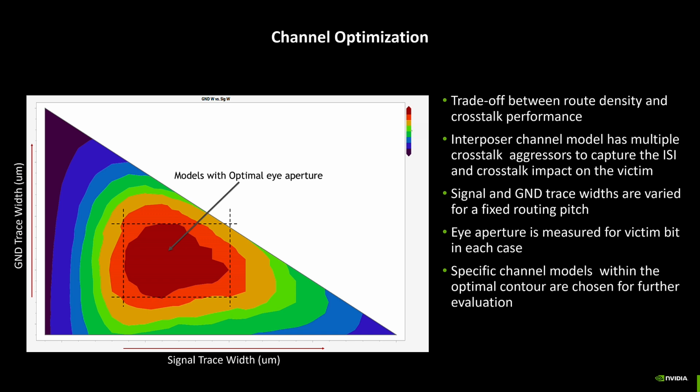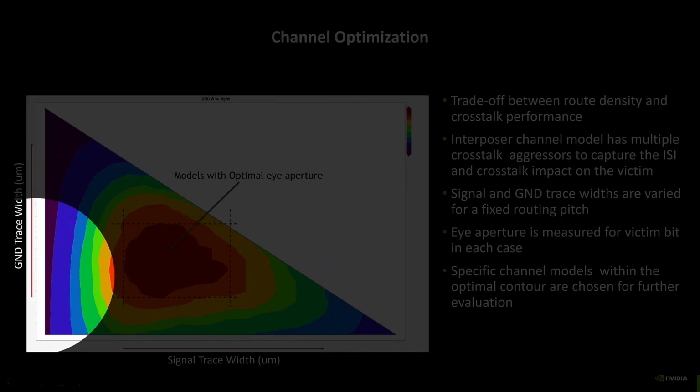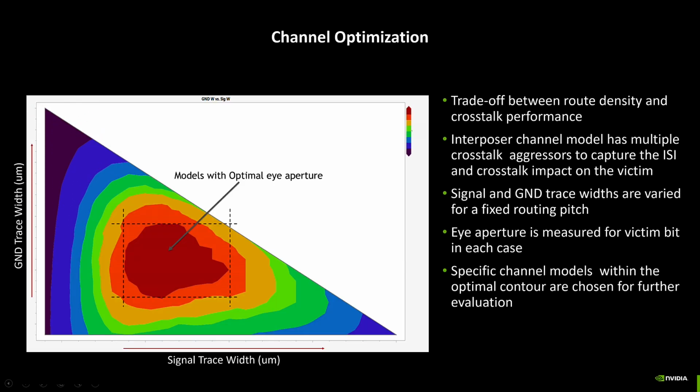Here is an example which shows the results for the solution space where the signal trace width was swept from a small value to a higher value on the x-axis, growing to the right side. For the ground trace, in a similar way, the ground trace width was swept from small value to big value. In this case, the pitch was kept constant because that is a routing constraint.